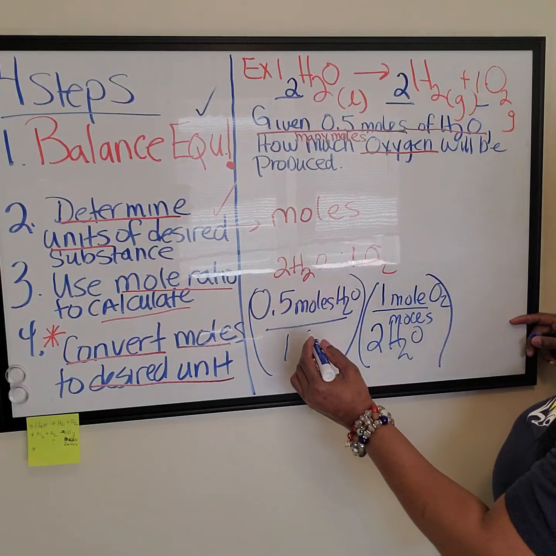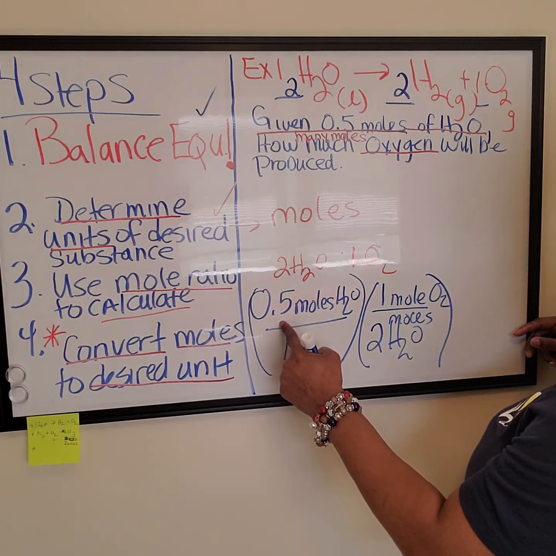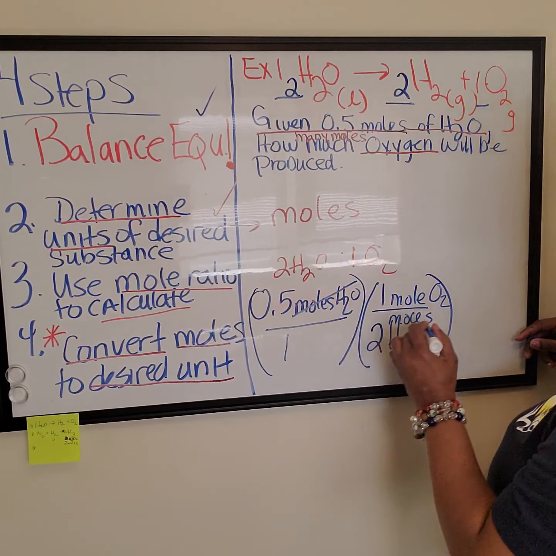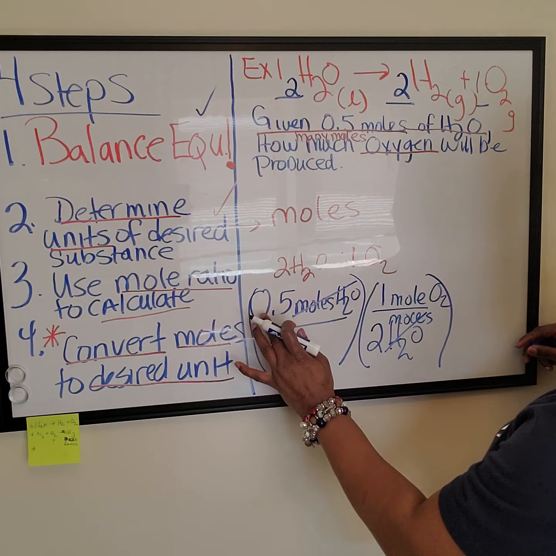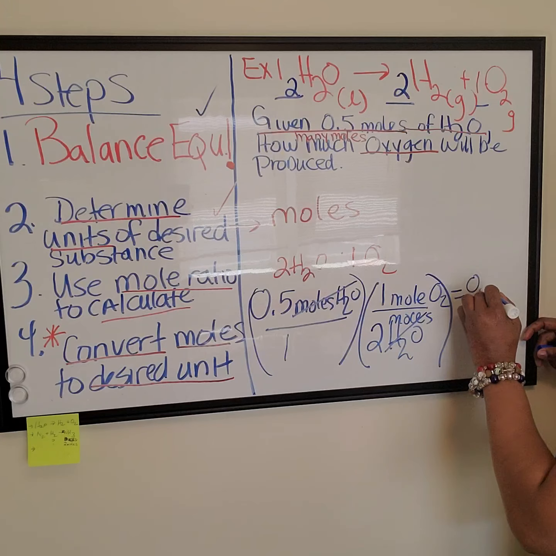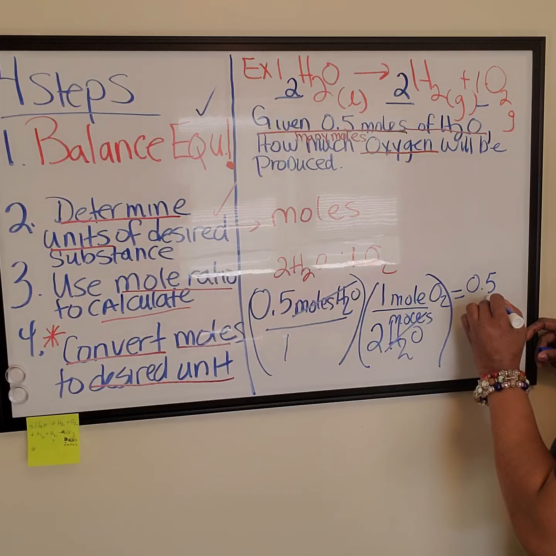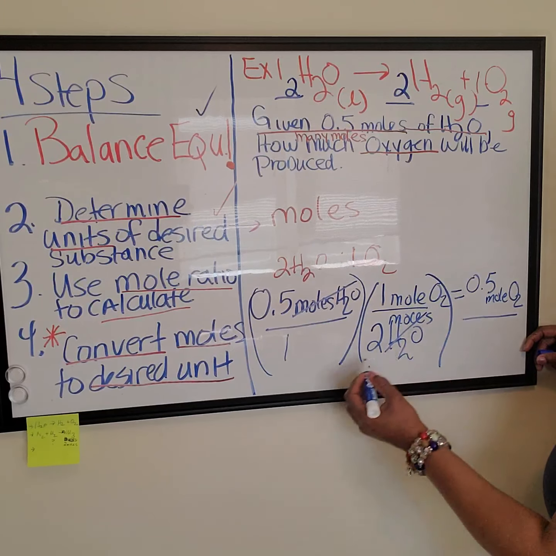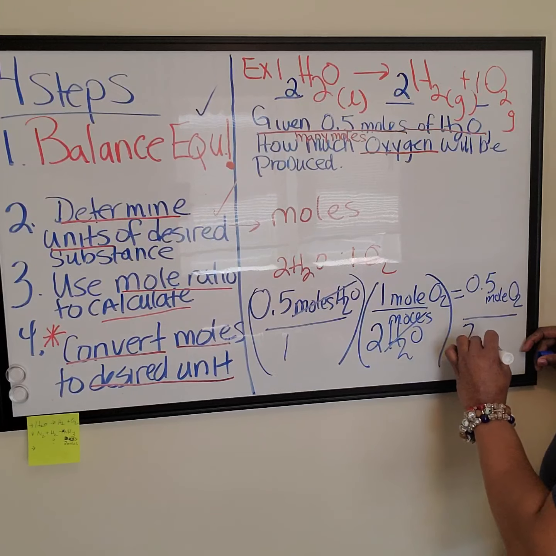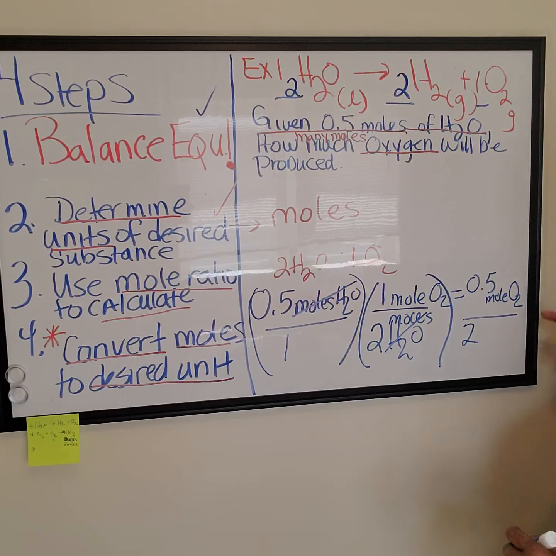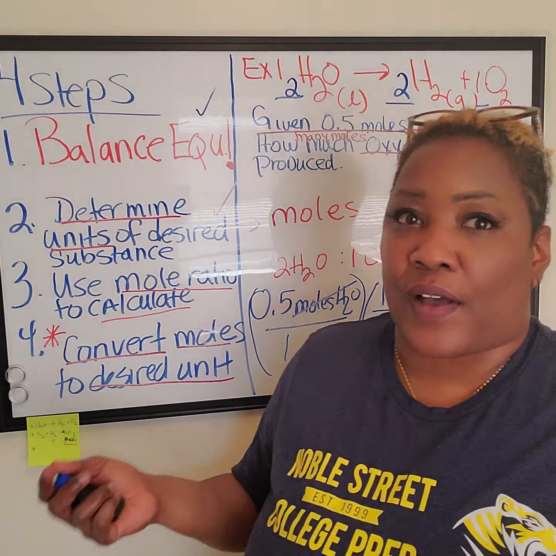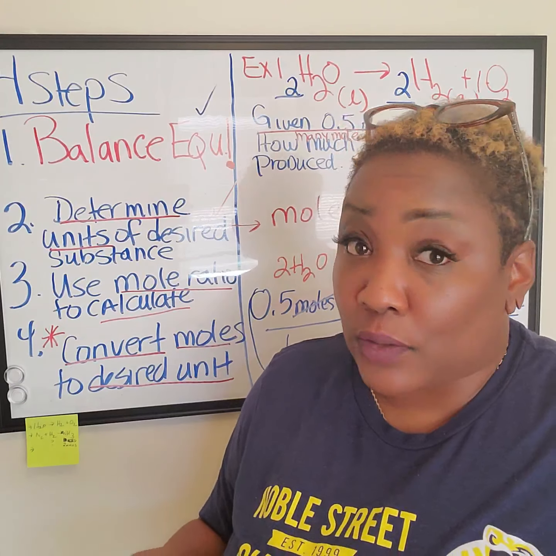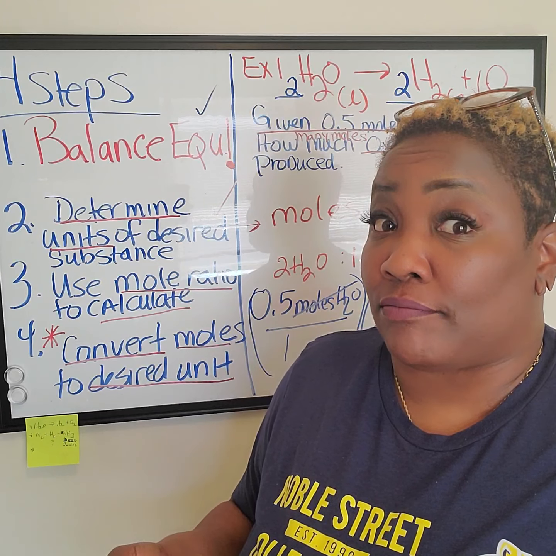Now, all you have to do at this point is look at what you have. The units cancel, and then we end up multiplying across, getting 0.5 moles, here's our units, of oxygen over 2. Okay. And so just by knowing that half of 0.5 is what?